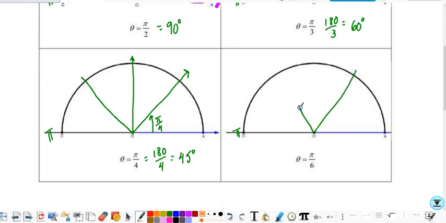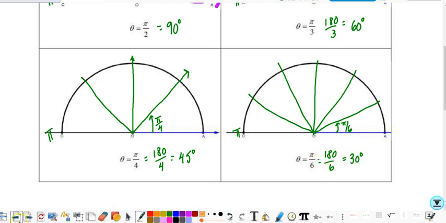So if I cut this semicircle into thirds and then cut each of them again in half, there we go. This would be pi over 6 radians, which is 30 degrees.